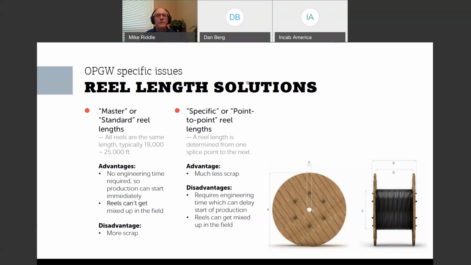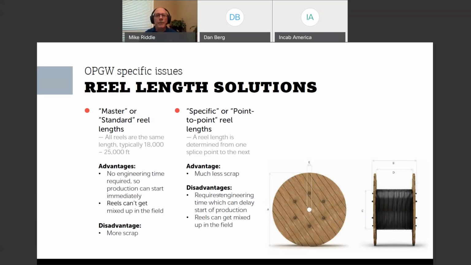The other approach is specific or point-to-point reel length. So I go from tower number 1 to tower number 10, and then from tower number 10 to tower number 15. And maybe 1 to 10 is 10,000 feet, and 10 to 15 is 5,000 feet. And that's fine.